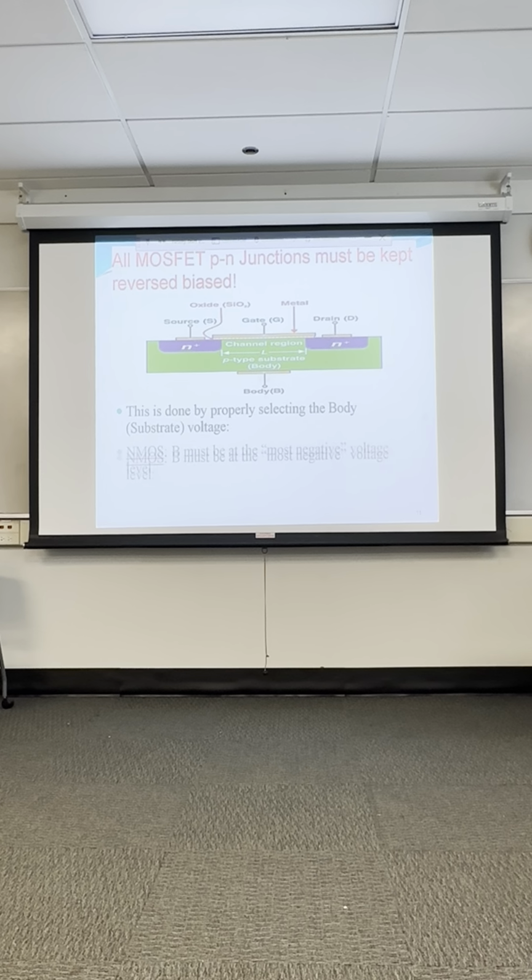This is just saying that PN junctions must be kept reverse biased, whereas a BJT has a forward biased base-emitter and a reverse biased collector-base.